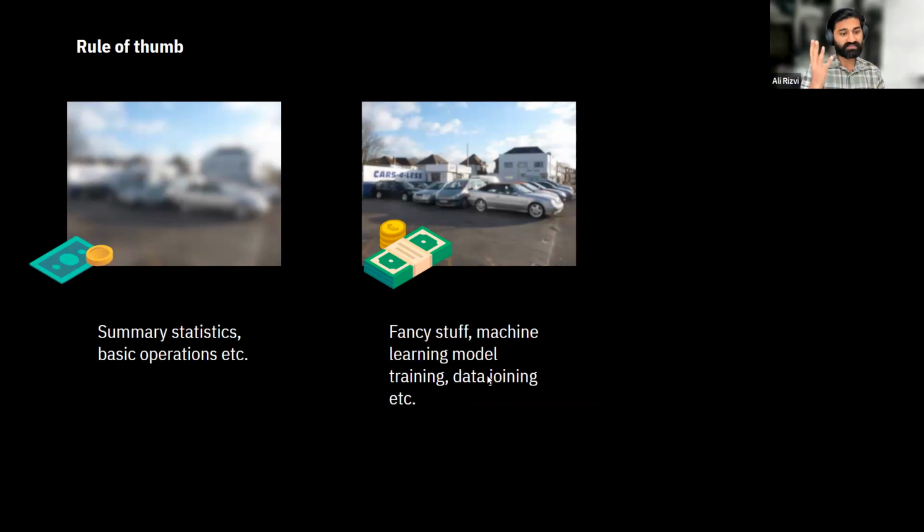Now, when you do fancy stuff, like machine learning model training, or data joining, all the stuff that Shobit is going to talk about in today's session, you need a bit more budget. You need to pay a bit more, because the model needs a little bit more visibility into what the data is and the kind of stuff that is available in this data. So that's the main concept here.